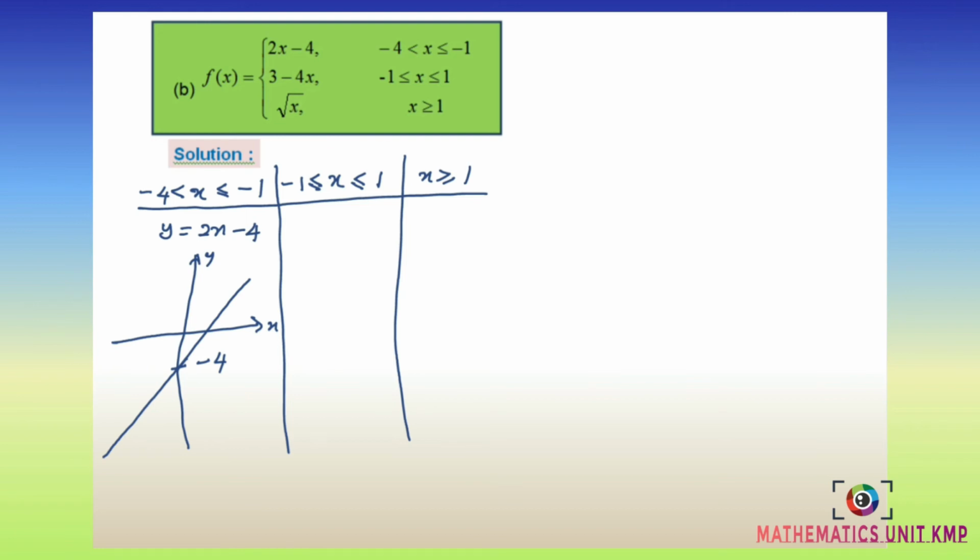Next, refer to the limit of x: when x equals -4, y equals -12, and when x equals -1, y equals -6. We can plot the two points, (-4, -12) and (-1, -6). We can delete the unrelated line.